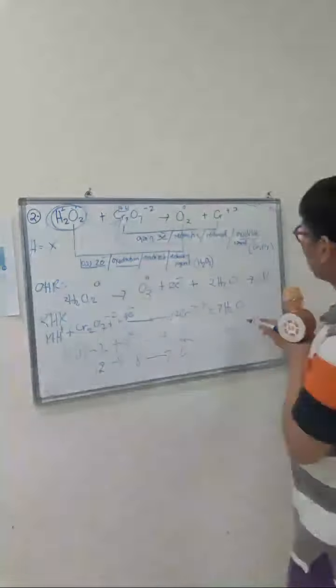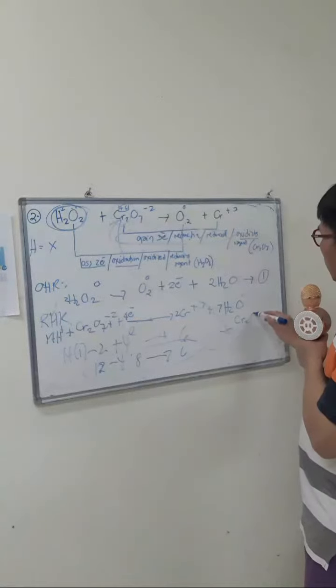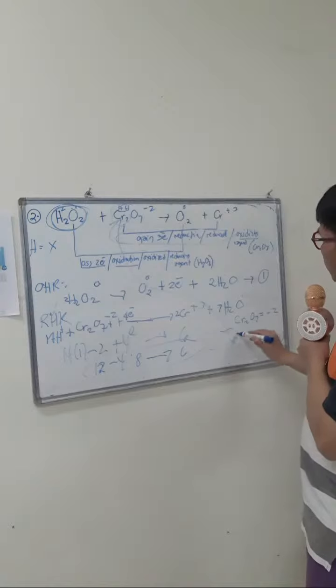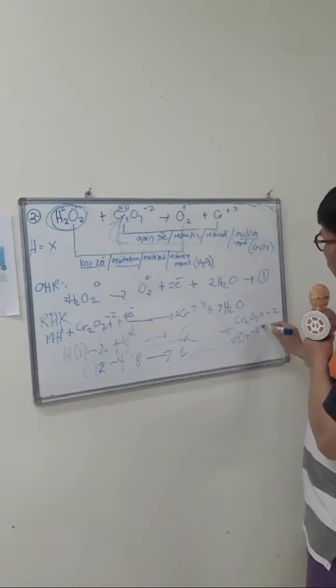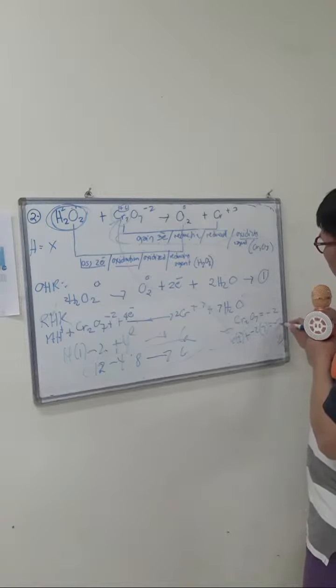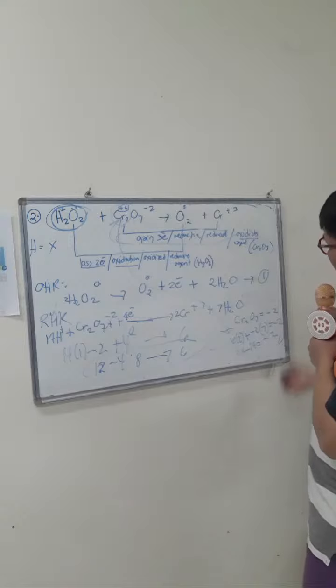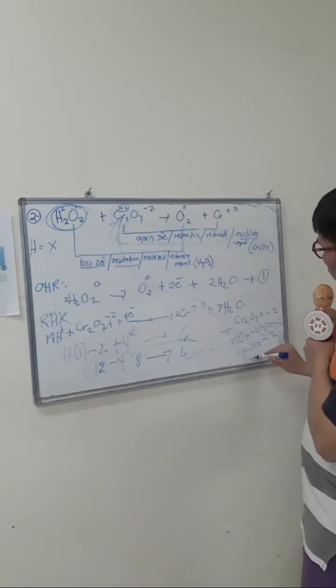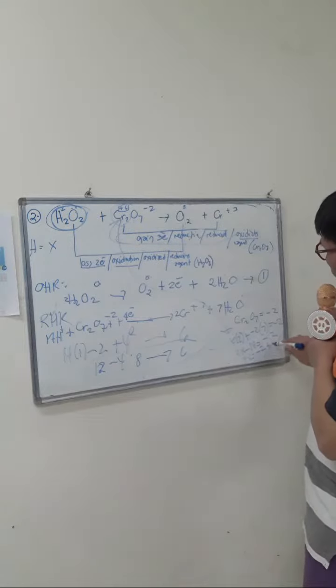So let's go back to dichromate. Okay? Cr2O7 is equals to negative 2. Then x times 2 plus negative 2 times 7 is equals to negative 2, right? So 2x minus 14 is equals to negative 2, right? And then 2x is equals to negative 2 plus 14.